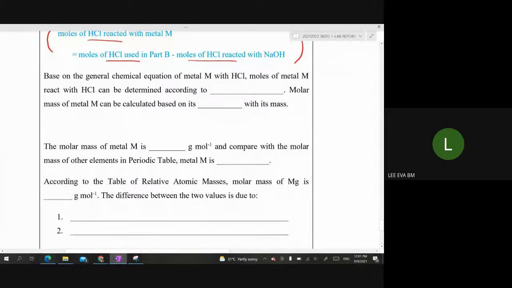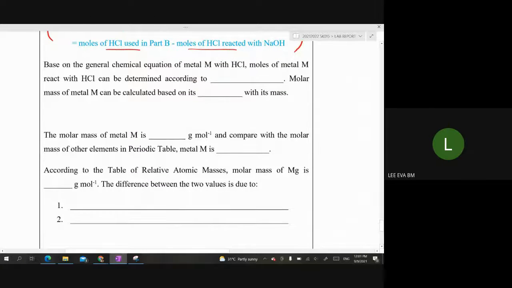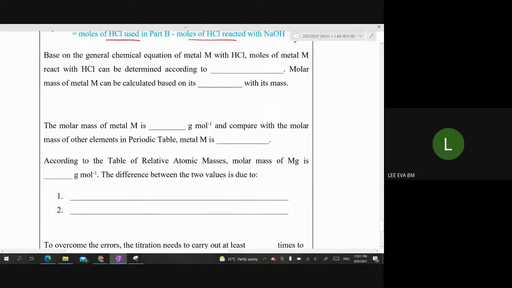So based on the general equations, mole of metal M reacted with HCl can be determined according to stoichiometry. So yang kita carikan 1-to-1 ratio, 1-to-2 ratio, that is all we're talking about in stoichiometry.